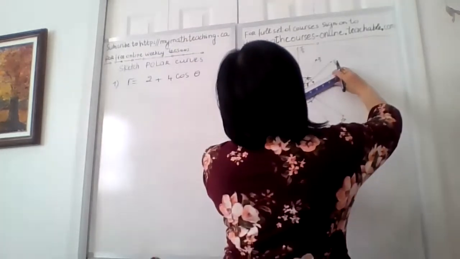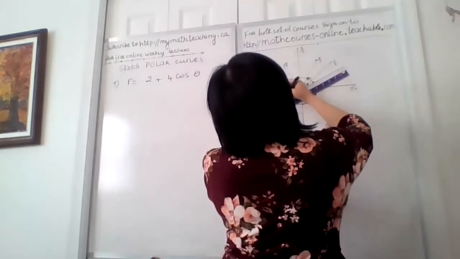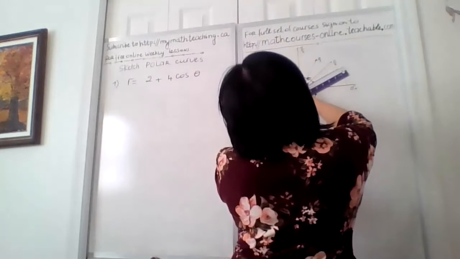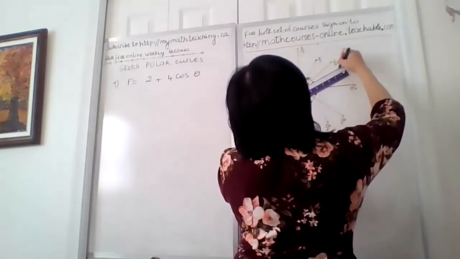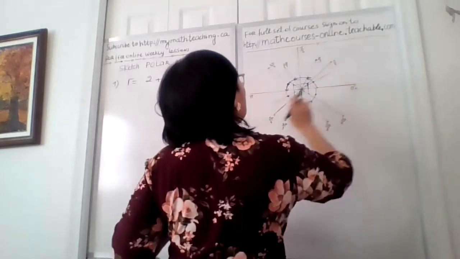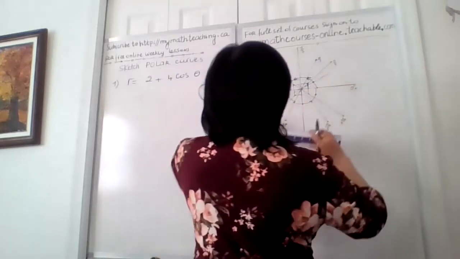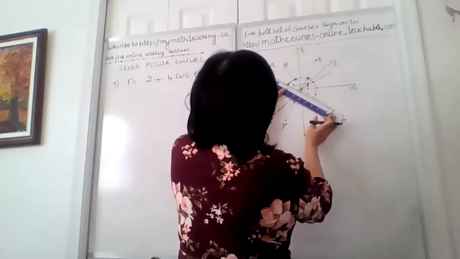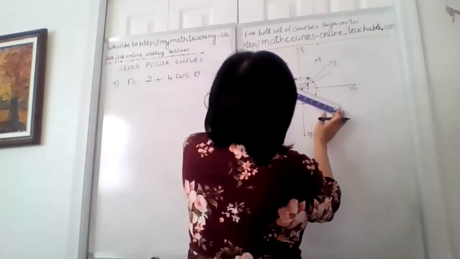Okay, so if I draw like this, I divide this by half again. The pi over 3 divided by half, right? And 2 pi over 3 will be divided by half as well.